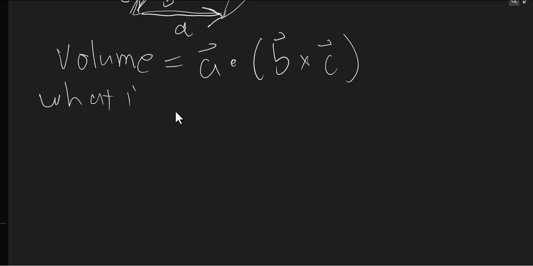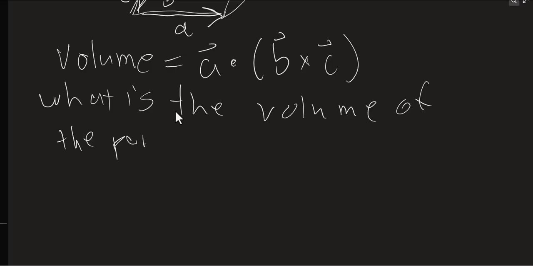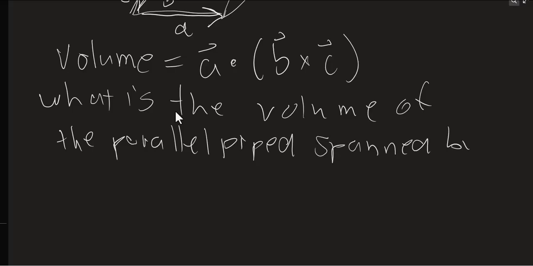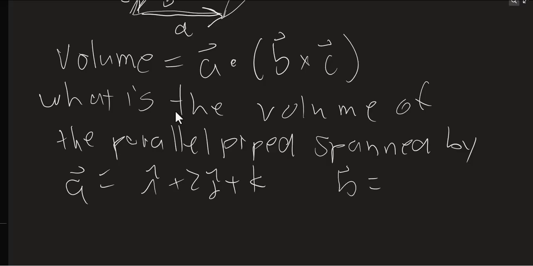So what is the volume of the parallelepiped spanned by A equals i plus 2j plus k, B equals negative 2i minus k, C equals 3i plus 2j.